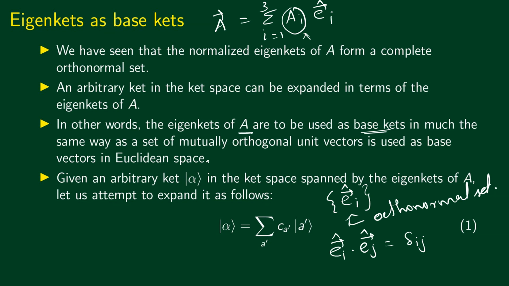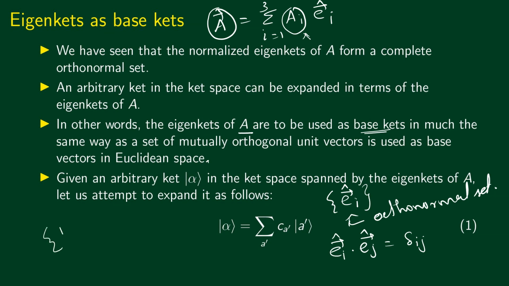Just like we expand a vector in terms of the mutually orthogonal unit vectors e1 hat, e2 hat, and e3 hat, in the same way, we can expand any ket alpha in terms of the eigenkets, ket A prime.